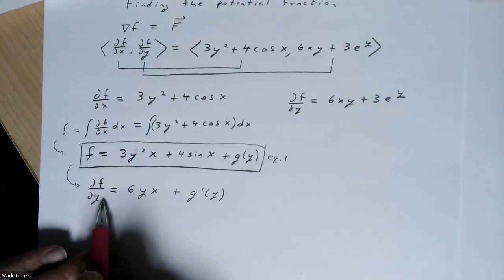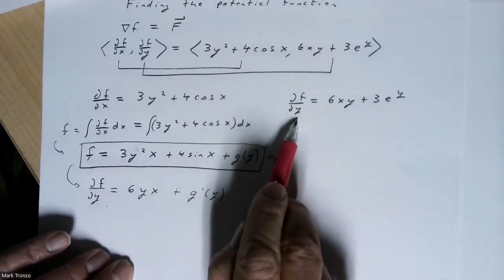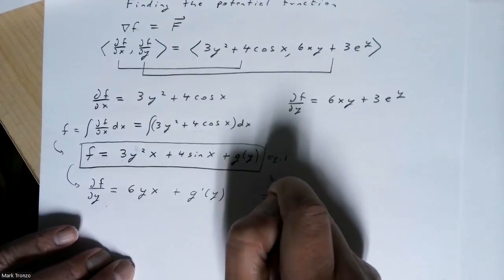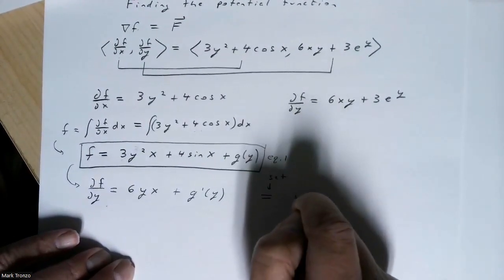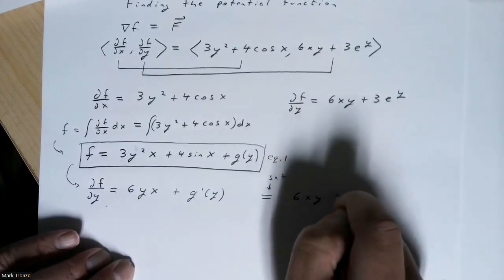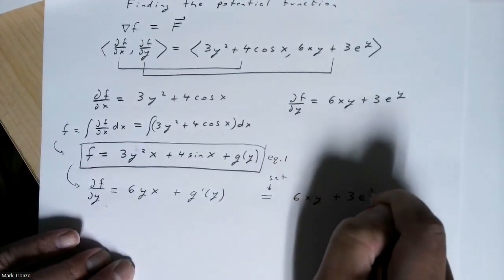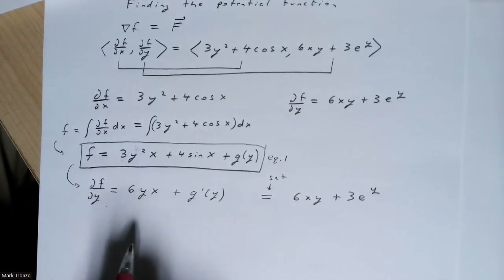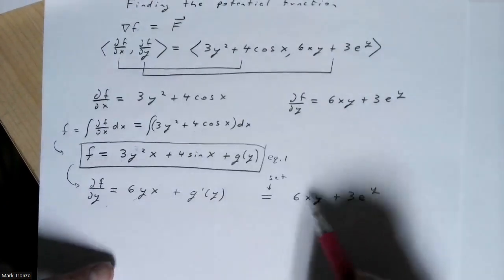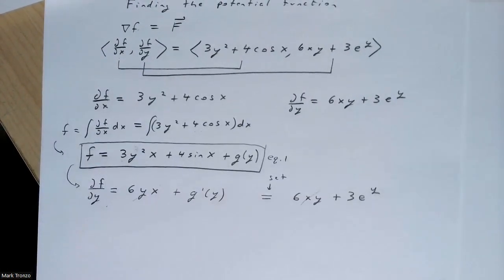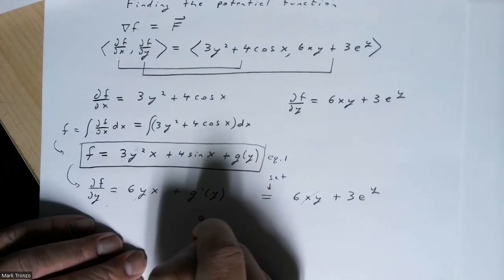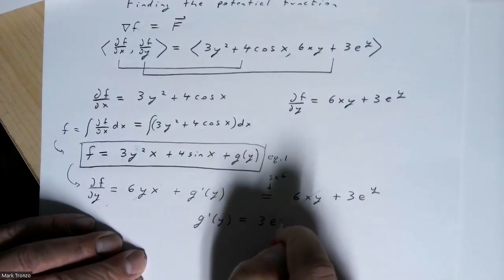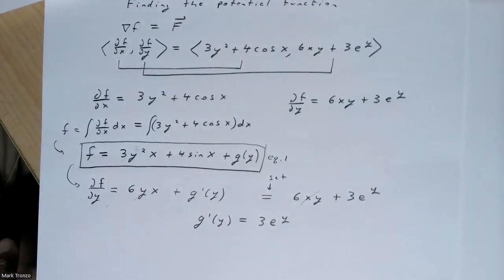So now let's set these equal. This is df/dy. This is df/dy. We can set these equal. If we set these equal like this, notice this and this will cancel. So we have that g prime of y is going to be equal to 3e^y.